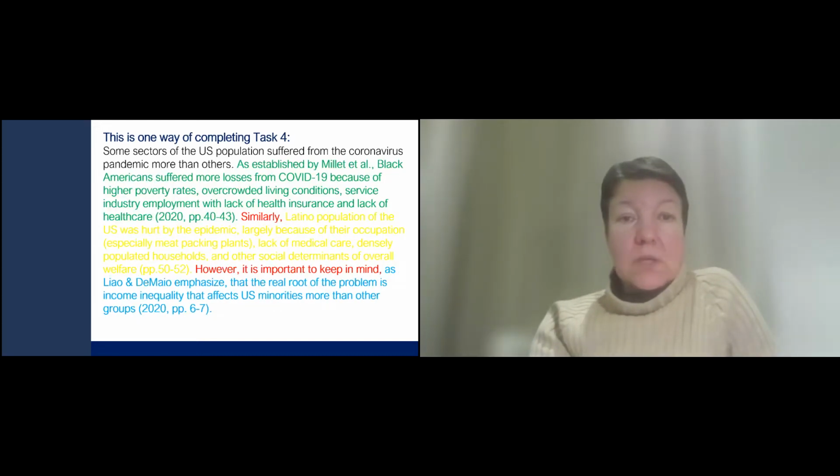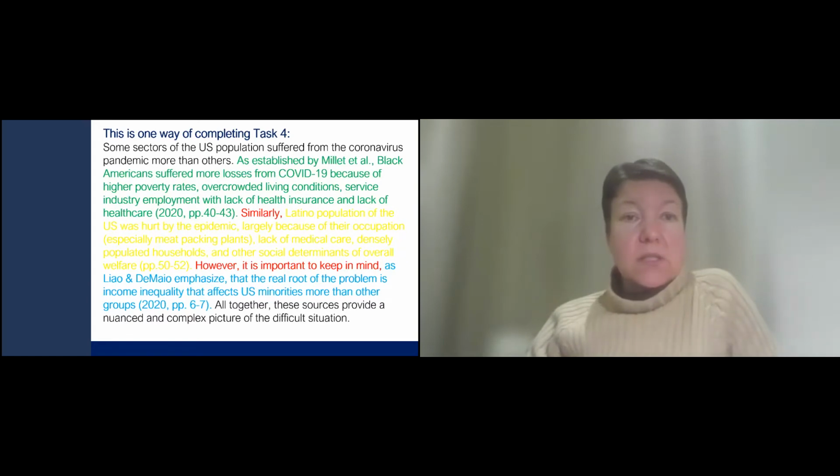Okay, so here's what I suggest. Some sectors of the US population, like you said, minorities, suffered from the coronavirus pandemic more than others. Then we have summary 1, connector, summary 2, connector, summary 3, and then we finish all together. These sources provide a nuanced and complex picture of the difficult situation.